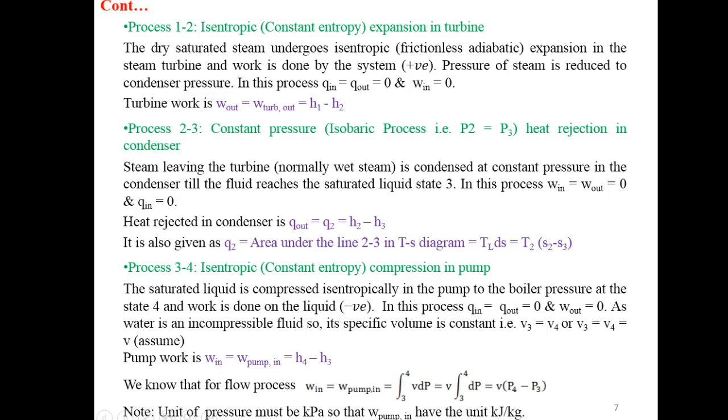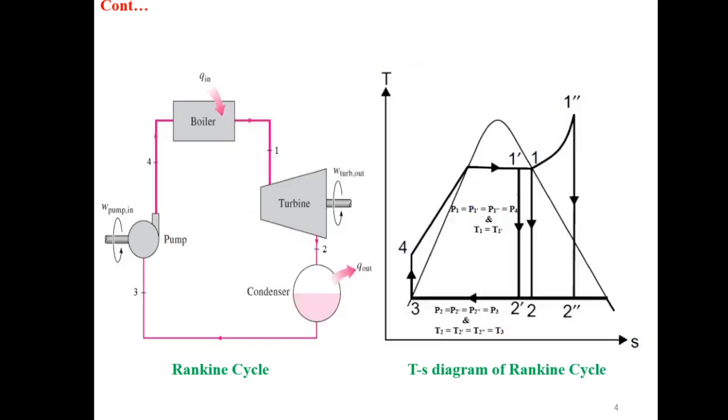Next process is process 3-4, isentropic constant entropy compression in the pump. So point number 3 is saturated liquid. So we are sending a saturated liquid into the pump and we are supplying W pump work into the system, that is pump, so that our point number 3 will become point number 4.